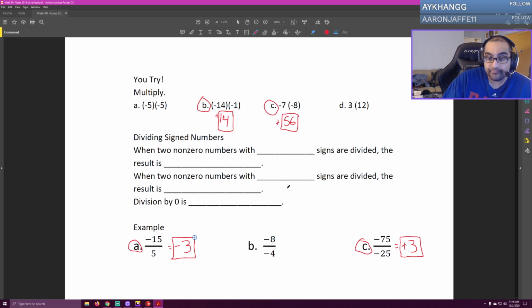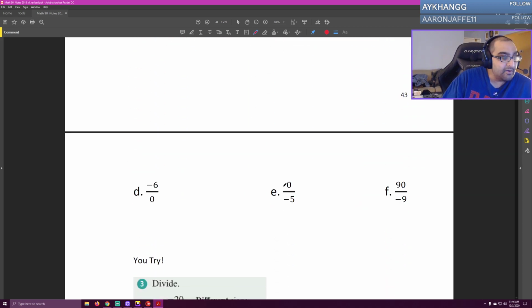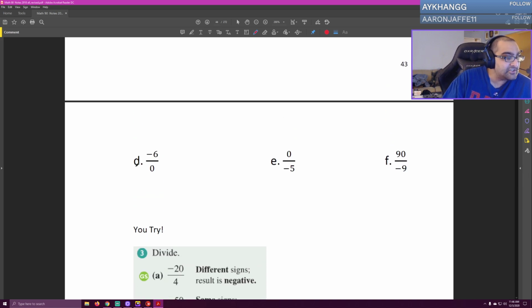Now let's try these last 3 here. Some of these we've talked about before, but let's go over this. Let's talk about letter D there.